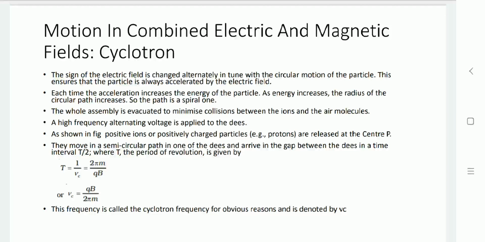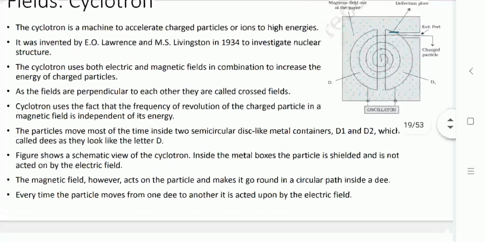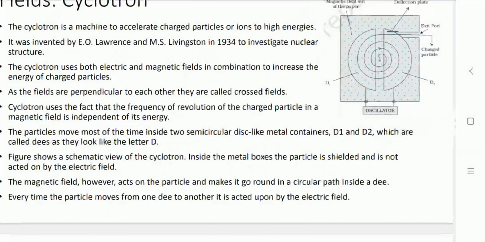As the energy increases, the radius of the circular path it takes from one D to another also increases. And as we can see in the diagram, it has a spiral kind of path.